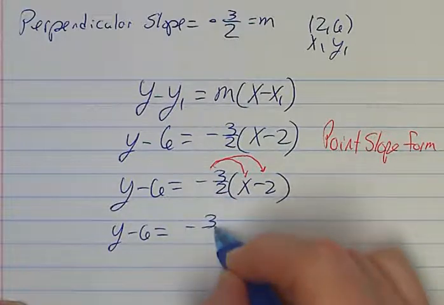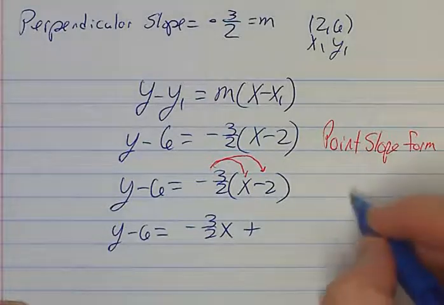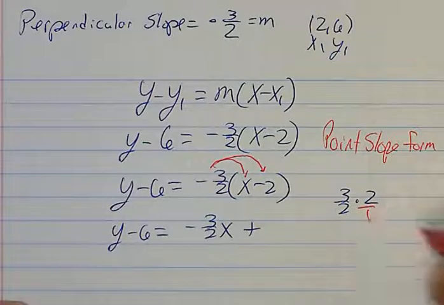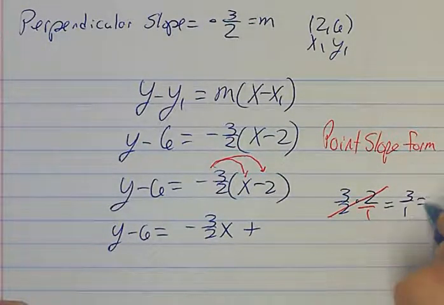-3/2 times x is just that, it's -3/2. Negative times negative makes that a positive. And again, when you do 3/2 times 2, put that over 1, those 2's will cancel. 3/1 or just 3.